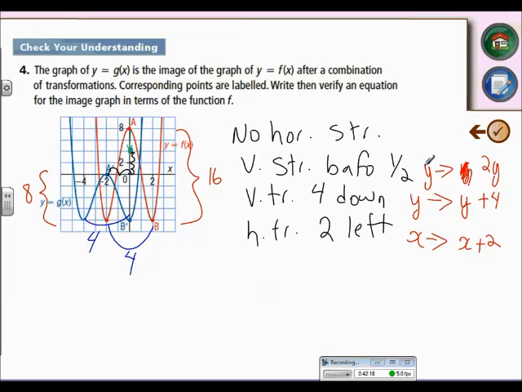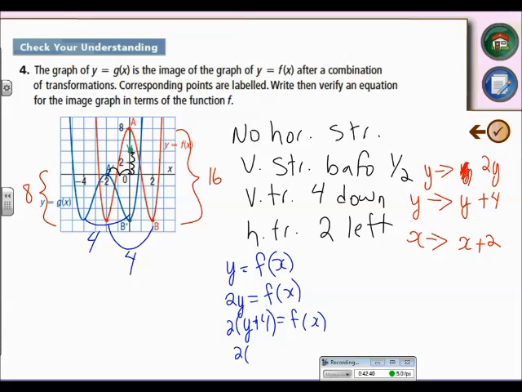So we're starting with f of x, so y equals f of x. First of all, do your stretch: 2y equals f of x. Then substitute with brackets: 2(y plus 4) equals f of x. And then the last step: 2(y plus 4) equals f of (x plus 2).